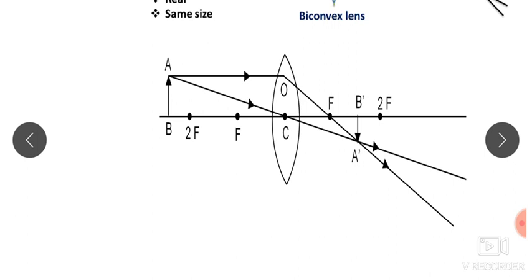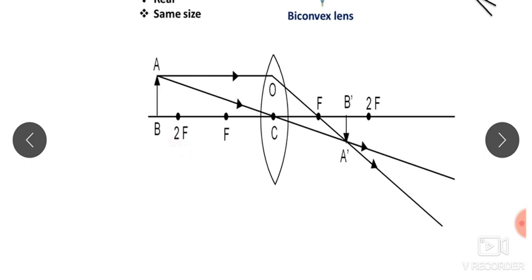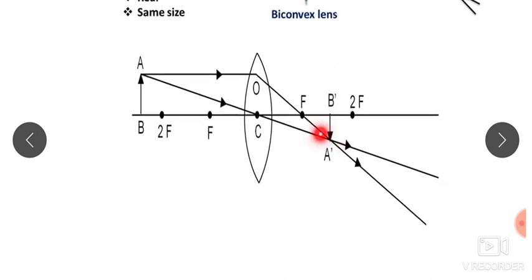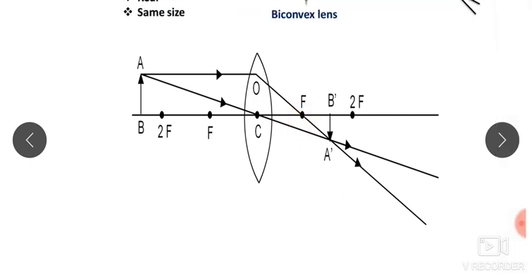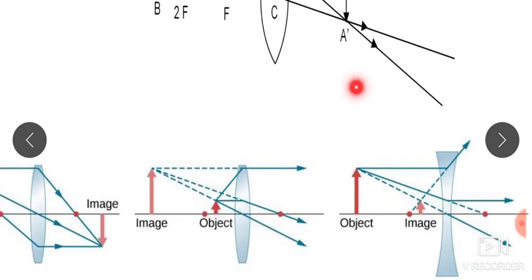So in all the cases, the image is moving from infinity to here. In the final case, if we take the object away beyond 2F and move further to infinity, then the size gradually decreases, and finally the image forms at focus as a diminished, real, inverted image.